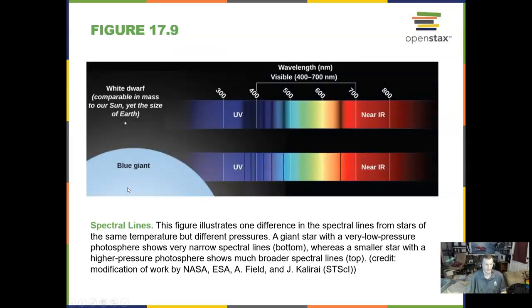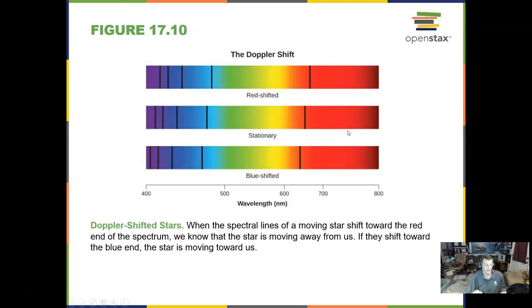More information about spectral lines. In the blue, we get the ultraviolet. We can see between 400 and 700 nanometers with our eyes, and then past 700 is the infrared. Now, if a star is moving towards us, then that is called a blue shift.